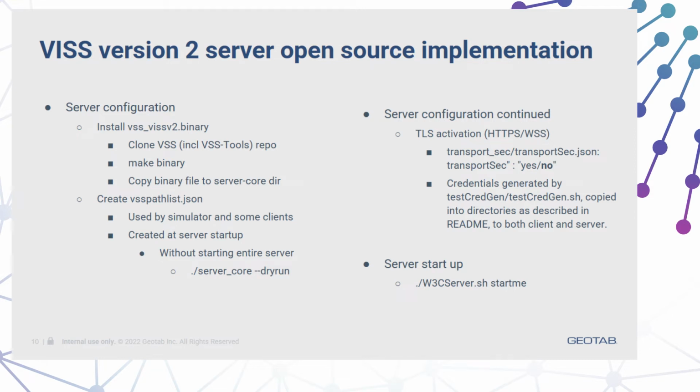That one needs this file, and also some other existing clients that you might be interested in using. This file is generated from the binary file by the server when it starts up. And if you don't want to start the entire server, get that out, stop it and start again, you can do a dry run with that command. Then it just produces this and terminates itself.